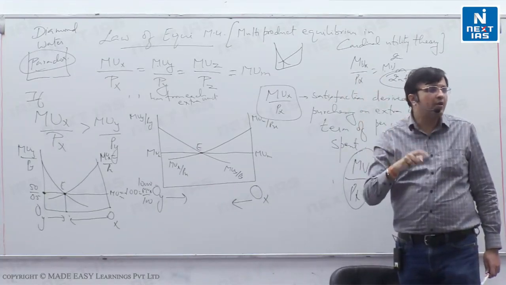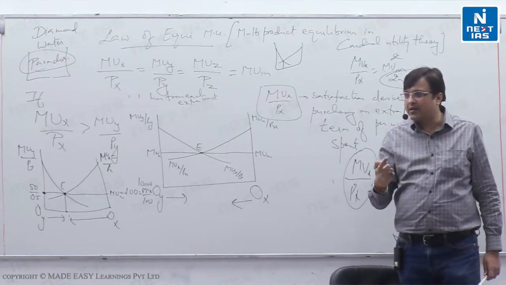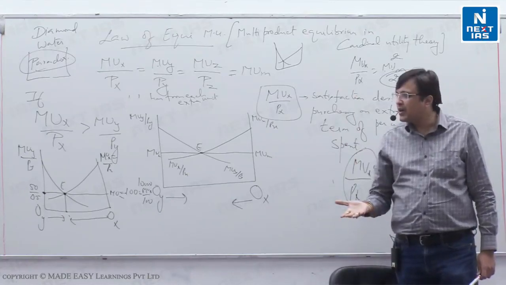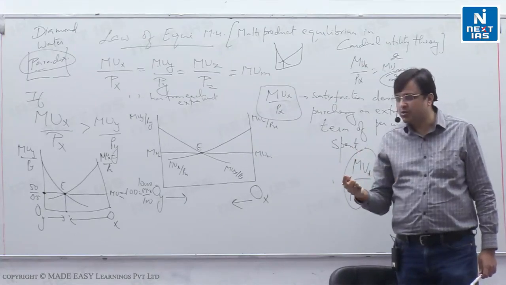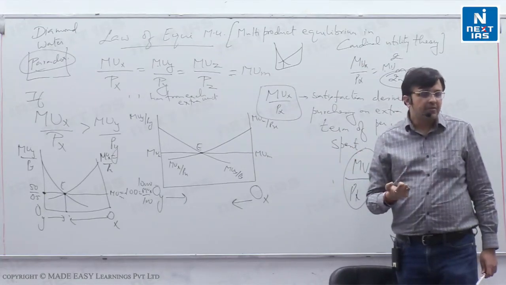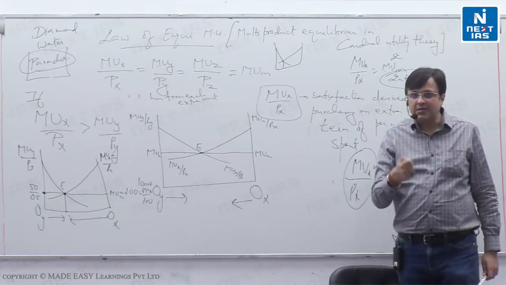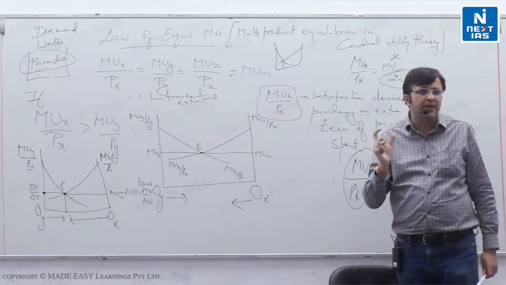But people are bothered about the marginal utility, and the marginal utility of water is comparatively lesser because it falls very sharply compared to diamond, and that is why willingness to pay for water is also lesser than willingness to pay for diamond. That is why, I repeat, my willingness to pay for a home meal can be lesser than my willingness to pay for a hotel meal. Kind of luxury and necessity is what I am comparing.